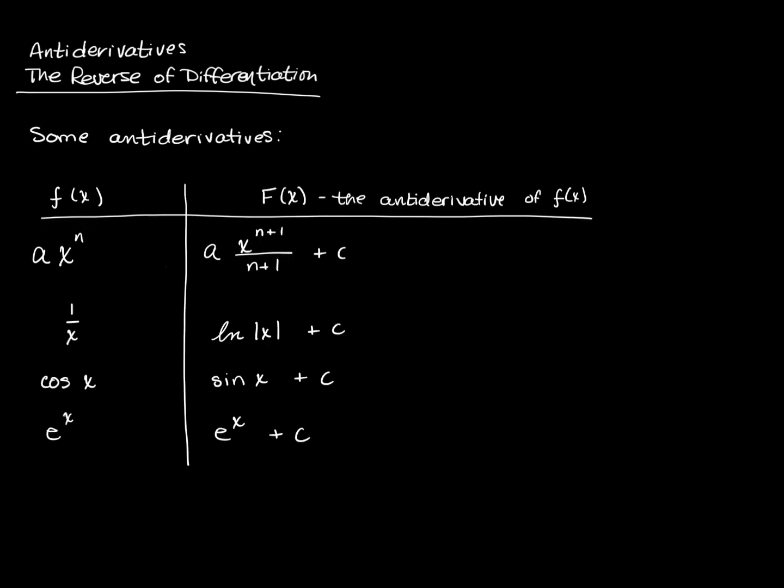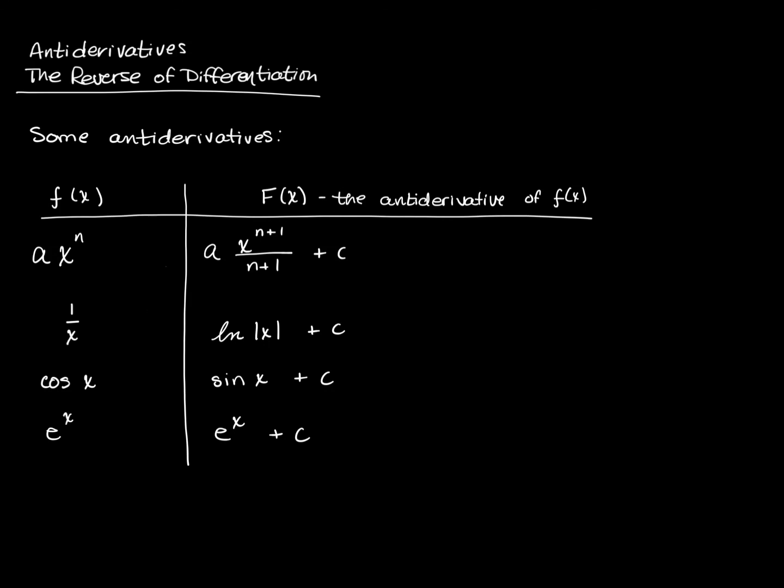Here's a summary of everything we've talked about so far. If you have a polynomial term, its antiderivative is going to have a power that's higher by 1, and you'll divide by that new power. The antiderivative of 1 over x is the natural log of x. The antiderivative of cosine is sine, and the antiderivative of e to the x is e to the x.